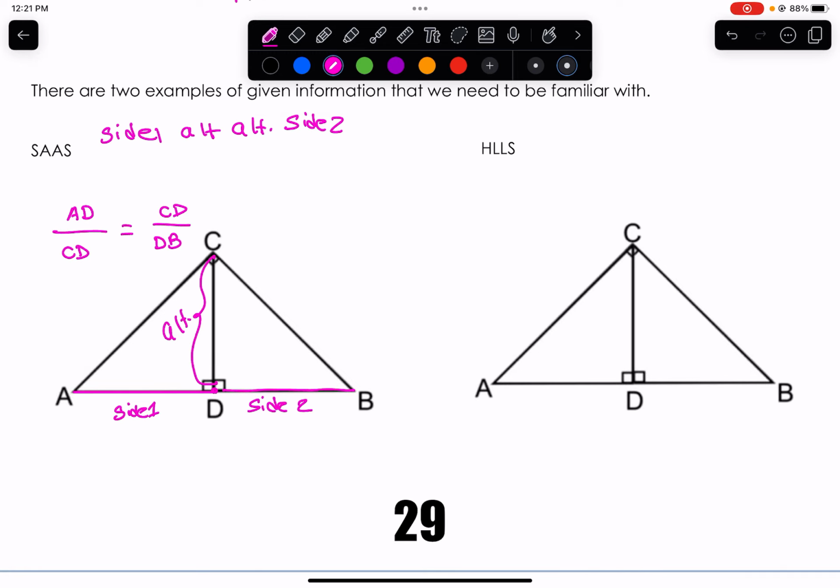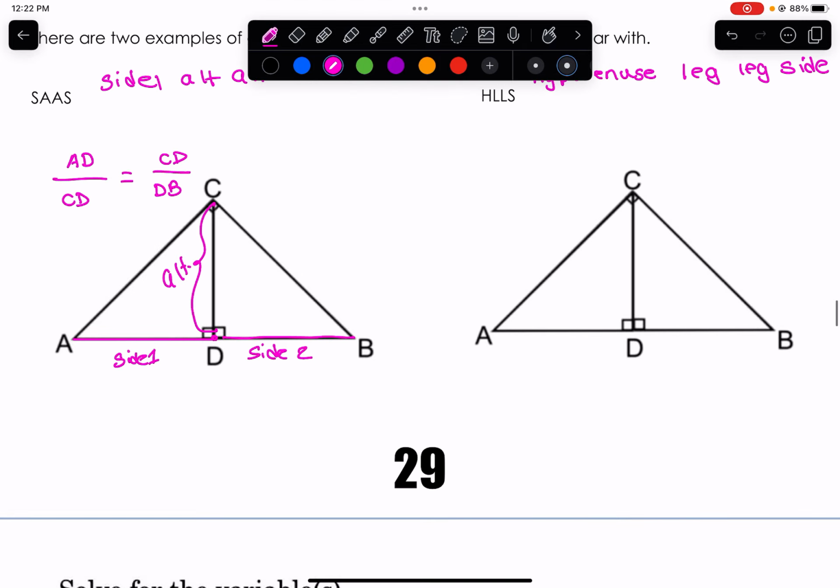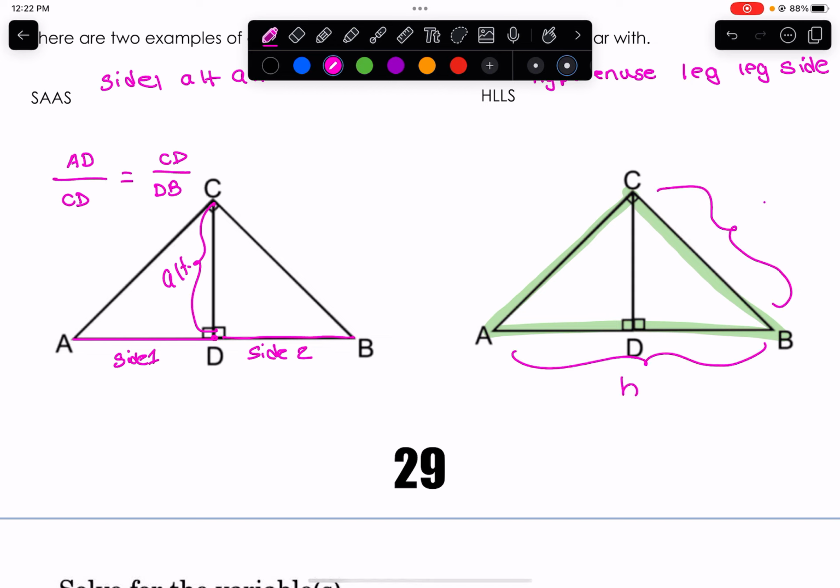The other one that I have is hypotenuse, leg, side. Here we're looking at the larger triangle because I have my hypotenuse, leg, and side.